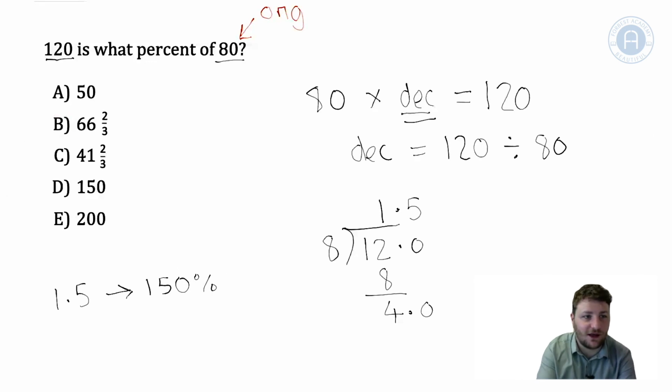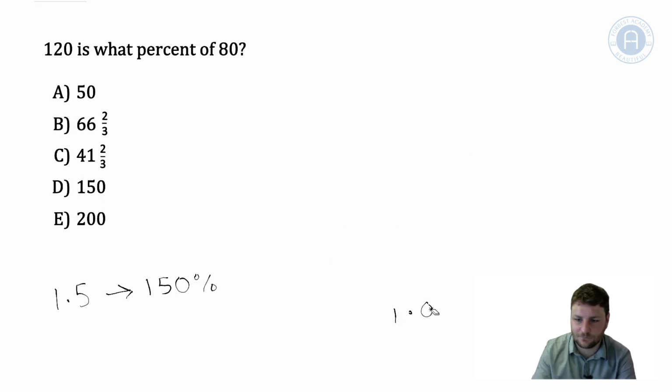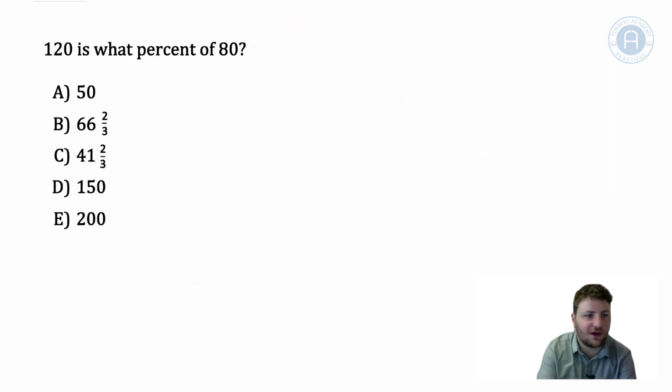Let's have a look at another method then. So let's have a look at our equivalent fraction method. So I'll just get rid of this working out. So our equivalent fraction method, we don't know the percentage. So if we consider our percentage fraction, it's something out of 100.